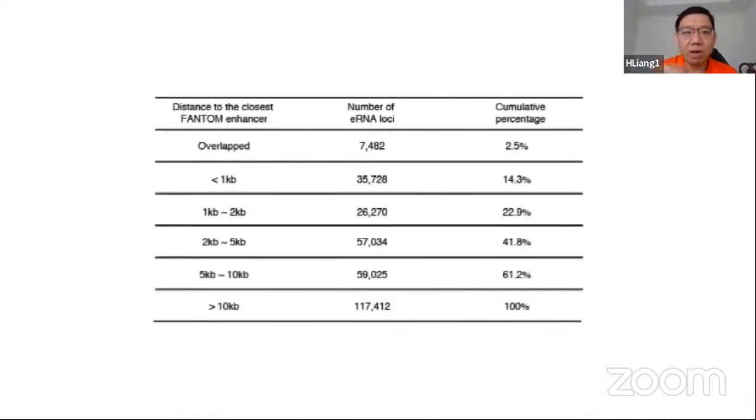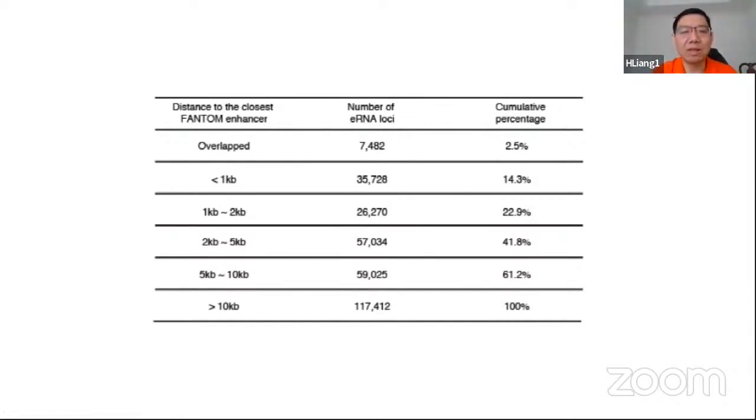But I just want to show you that when you overlap our annotated ERA loci with FANTOM, only 2 or 3% overlap, and the vast majority of them are very far away, even 5 kb. More than 60% are 5 kb from the known FANTOM enhancers. So the enhancer regions we identified are very far from those.